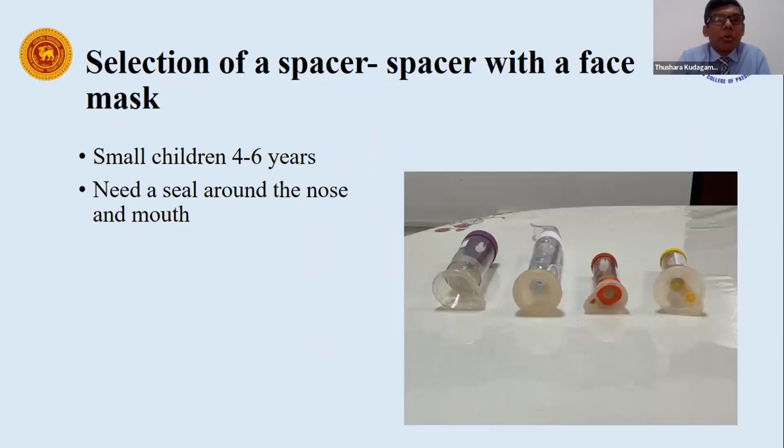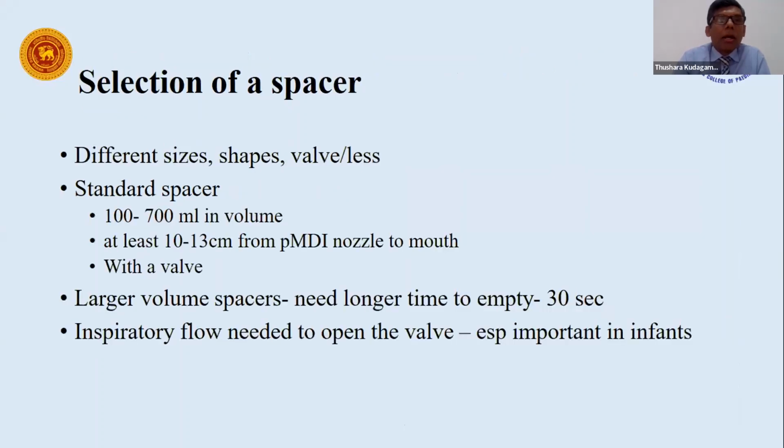Obviously, a smaller child who cannot selectively breathe through the mouth will need a spacer with a face mask, and you have again different sizes of face masks. So make sure that it covers the nose and the mouth in order to make a seal.